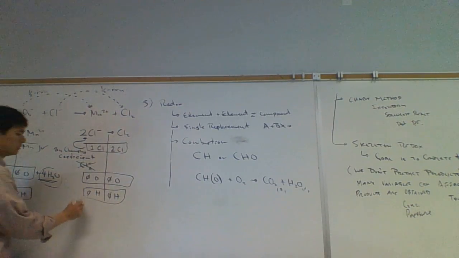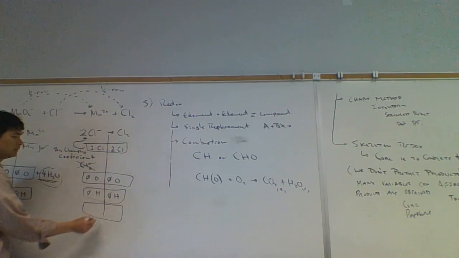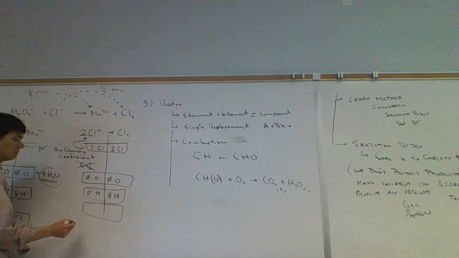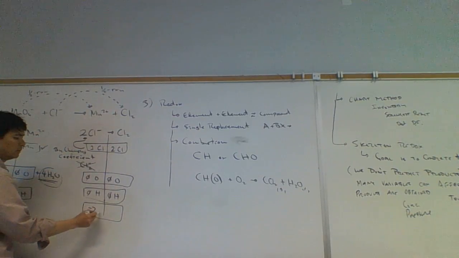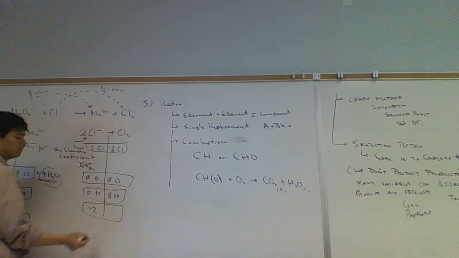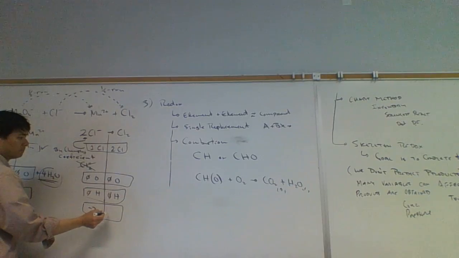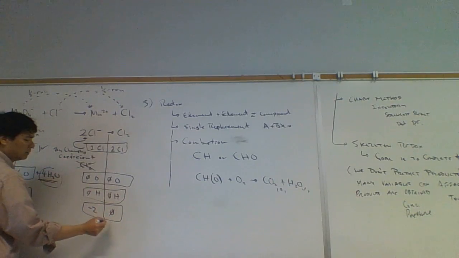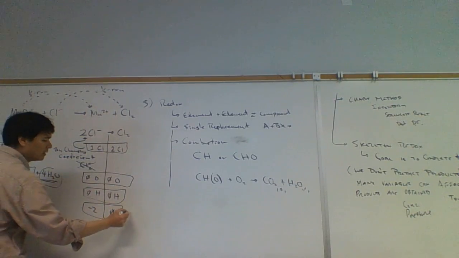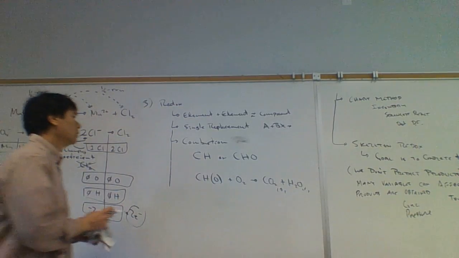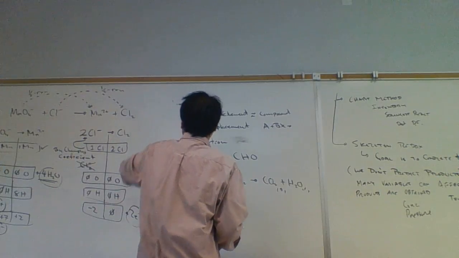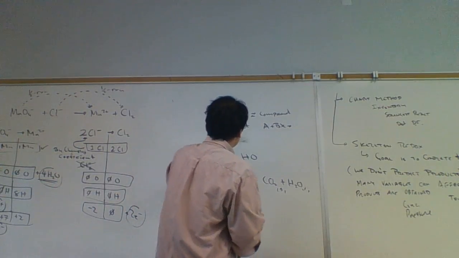Over here, let's take a look at the charge. What's the charge on the left? Well, it's 0. And then the right? Neutral. And so I need to add 2 electrons here on the left.